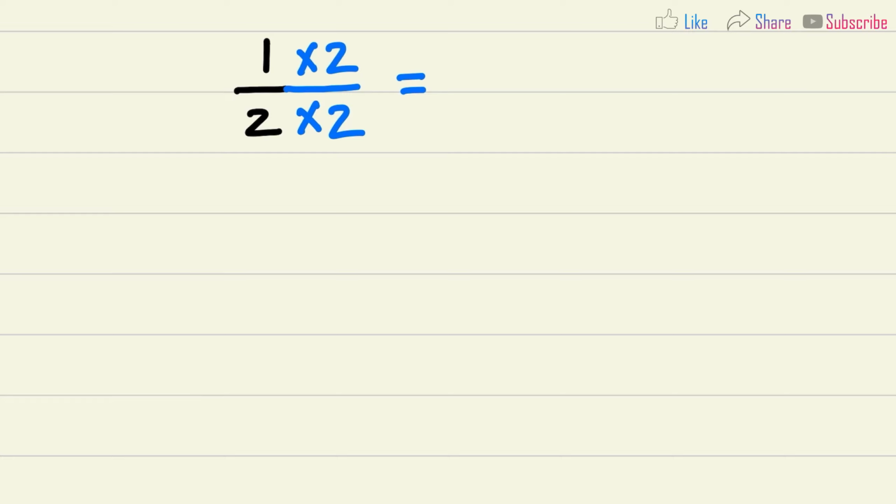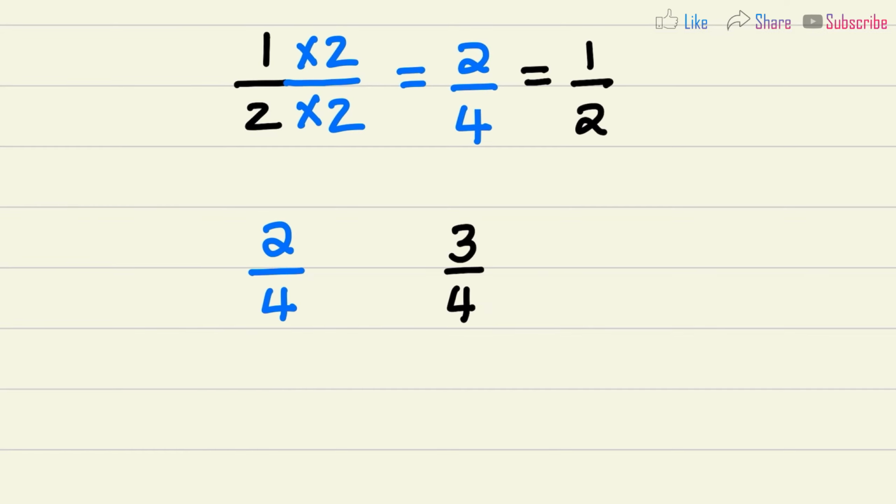So 1/2 is equal to 2/4. And when I compare 2/4 with 3/4, I can see in the numerator that 3/4 is more than 2/4. And that means that a half is smaller than 3/4.